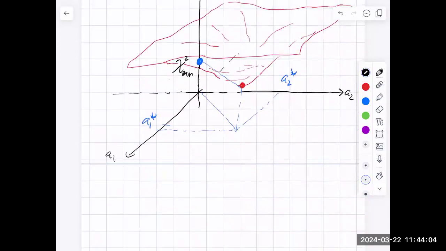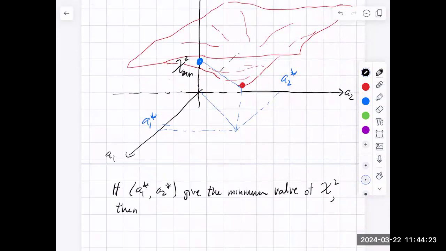Okay, so if A1 star, A2 star give the minimum value of chi-squared, then they are our estimates of the best fit parameters.